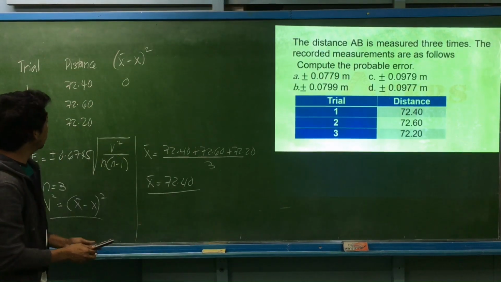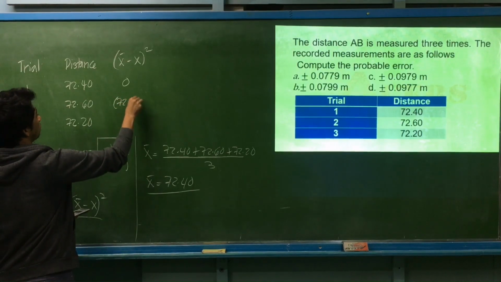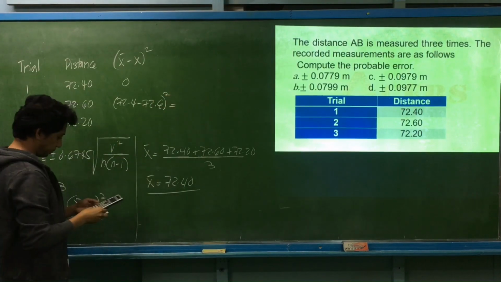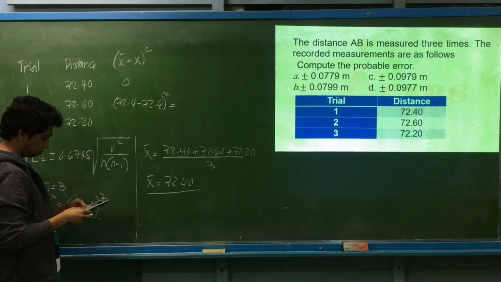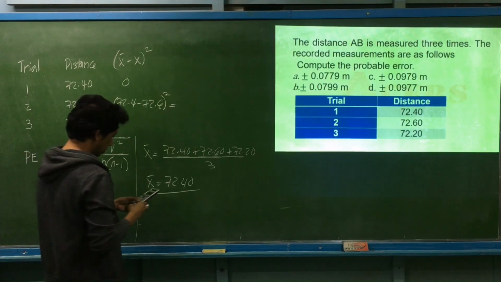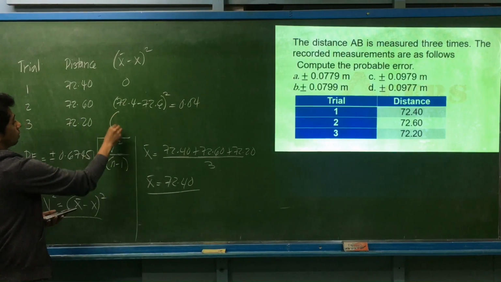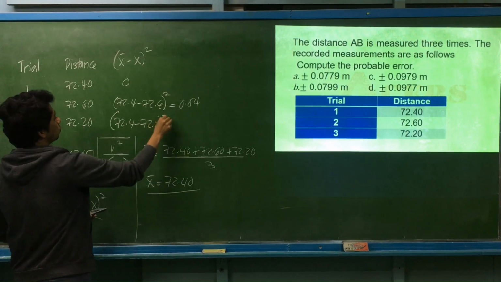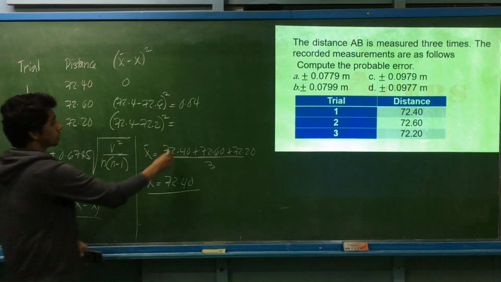Then ito naman, 72.4 minus 72.6 squared will be equal to 0.04, while this one we have 72.4 minus 72.2 squared. I think pareho lang kasi ano lang naman yung difference 0.2. So pareho lang sa 0.04.